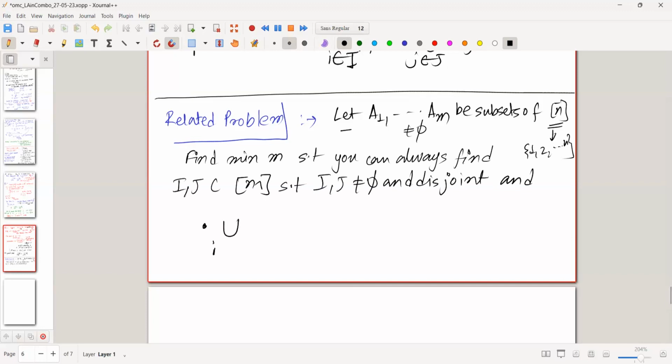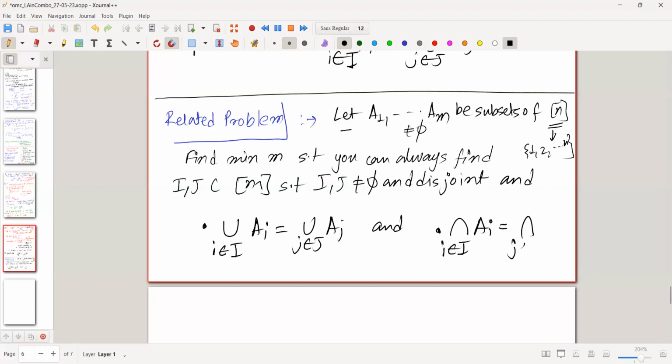and the following conditions are satisfied. The union over i belonging to I of Ai equals the union over j belonging to J of Aj, and the intersection over i belonging to I of Ai equals the intersection over j belonging to J of Aj. So the problem is basically saying that you have m subsets of 1 to n.